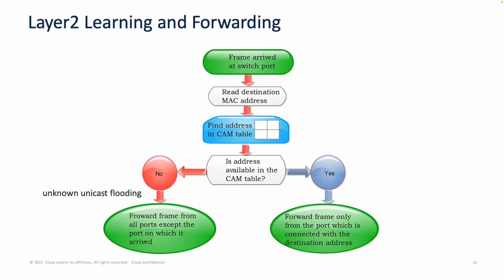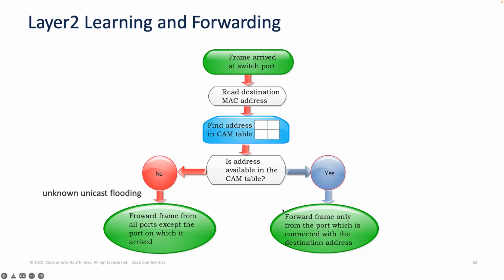The flooding behavior here is also known as unknown unicast flooding. A limited amount of flooding is part of the normal switching process. However, continuous flooding can cause problems on the network, such as packet loss.